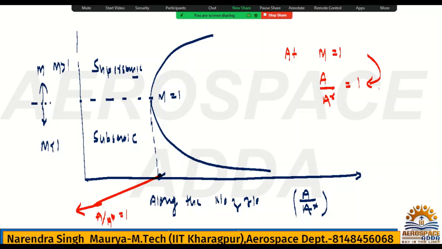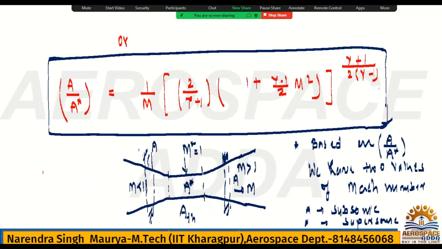This is all the analysis you have seen for the CD nozzle up to here. This relation is valid for isentropic flow only. If you get a shock somewhere, then this relation will not be valid.